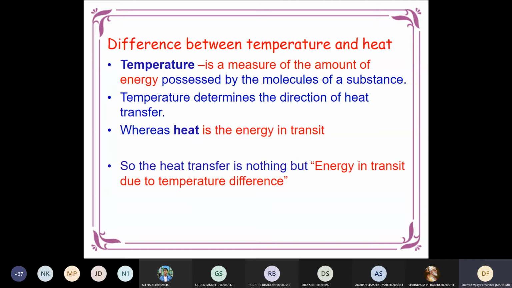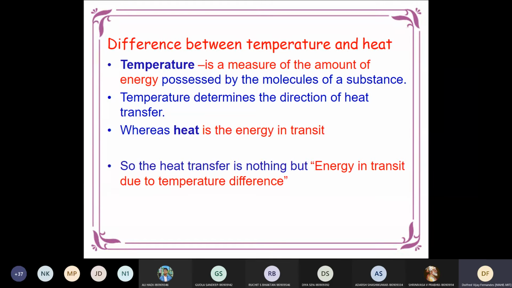That means at room temperature, every substance has some amount of energy. But if the substance is above room temperature, then we can extract that energy by allowing energy transfer from the substance to another substance. So this is how it is. We can have heat transfer when there is a temperature difference.